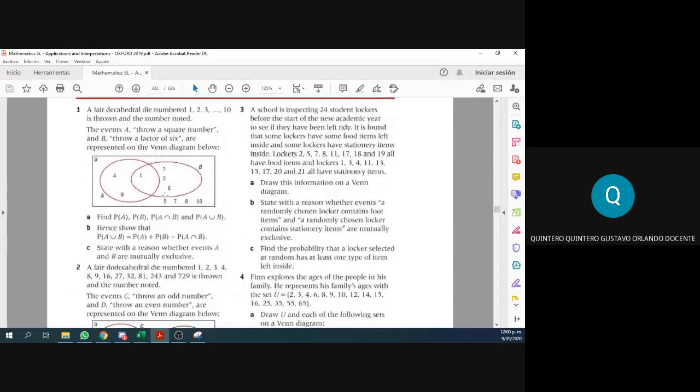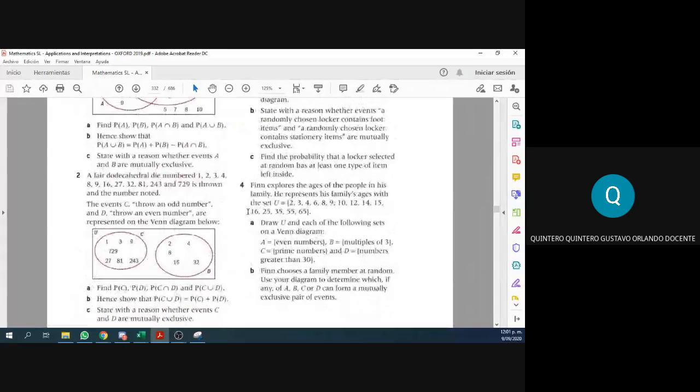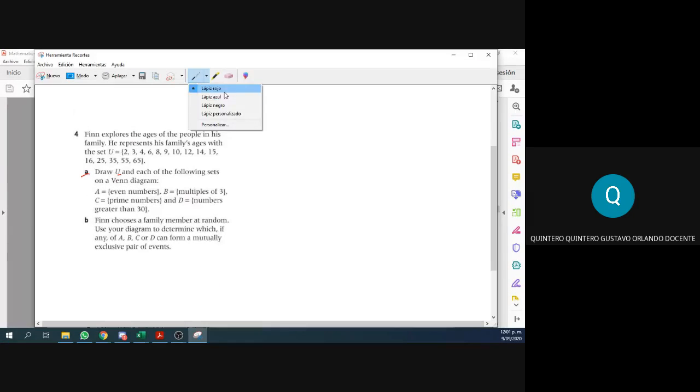Here we have 3 sets: A is one, B is the second one, and U is the third. That's why we have 3 geometrical figures: one circle, another circle or ellipse, and then the rectangle. The rectangle is known as the universal set. When they ask us to draw U, they are asking us to draw the universal set. So we are going to begin with this.